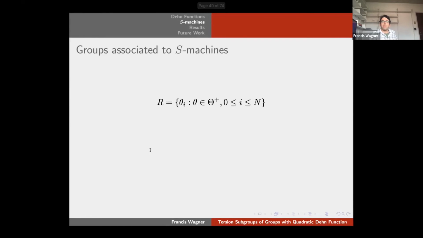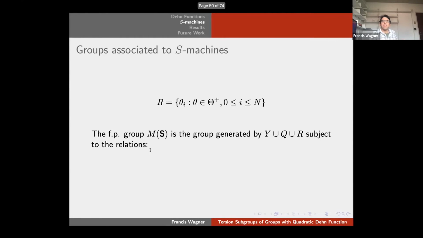The only one we're going to discuss here is this group M of S. M of S is going to have this generating set Y and Q, which we already knew are what those were, and R. And what R is: you take each rule and you take many copies of it. Now, how many copies of it?